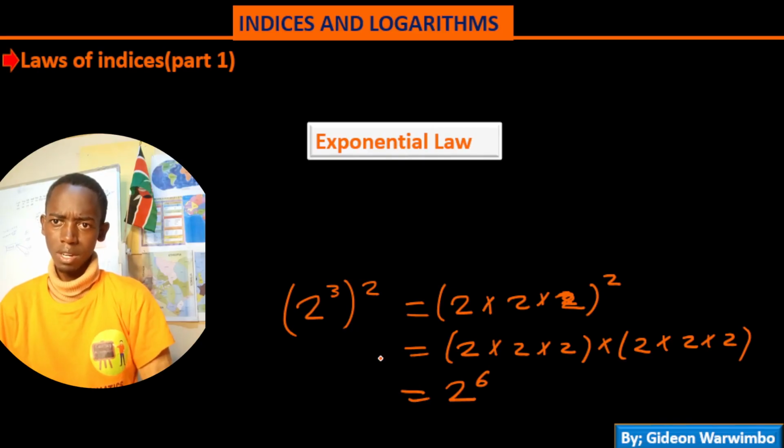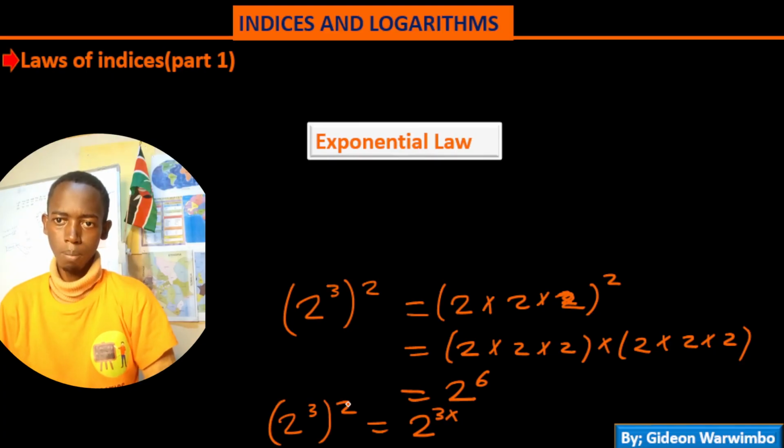But what has happened here? When we had 2 to power 3, and then this one is to power 2 again, we've taken this inner power, which is 3, and we multiplied it by the power that is outside, which is 2, to get 2 to power 3 times 2, which is 6.